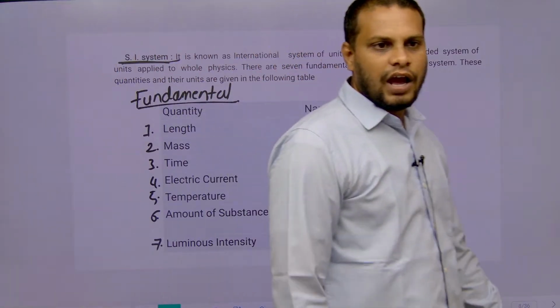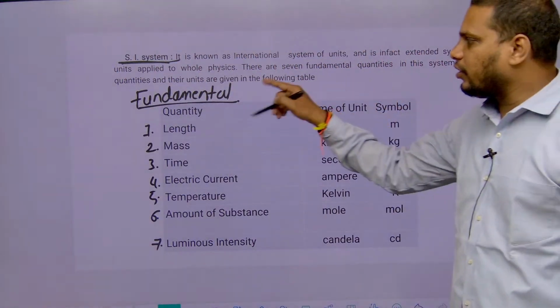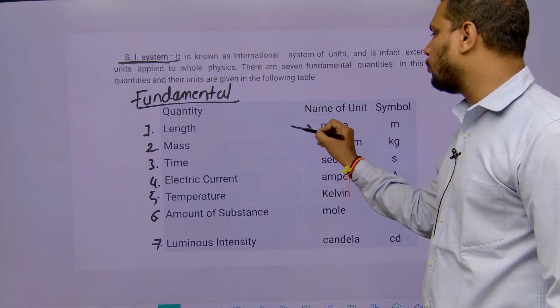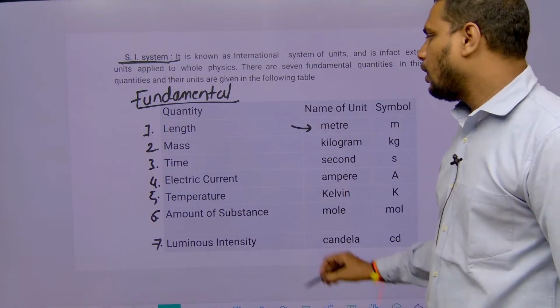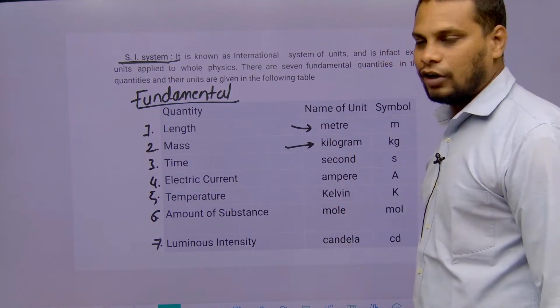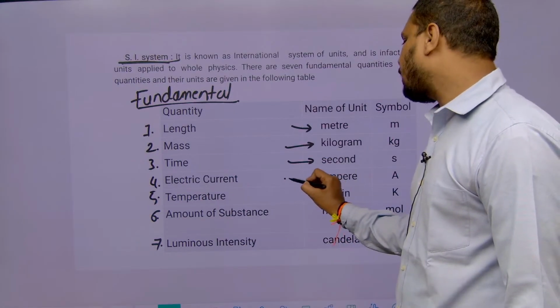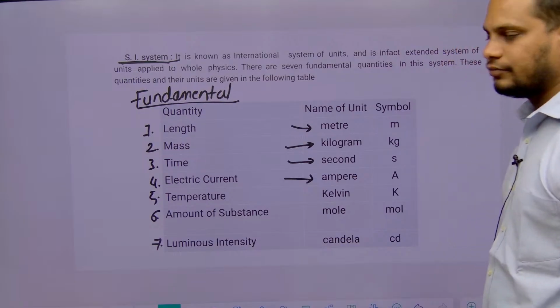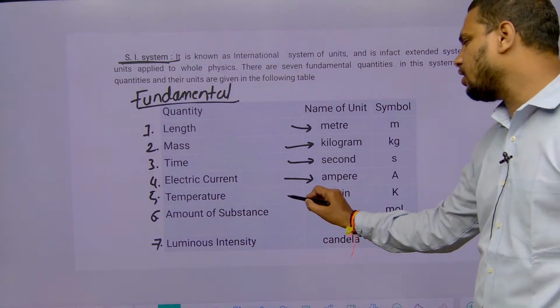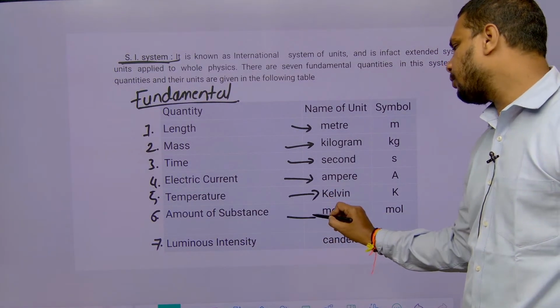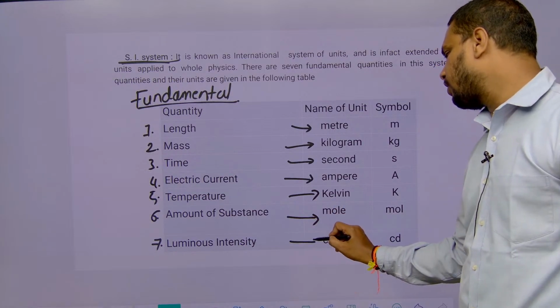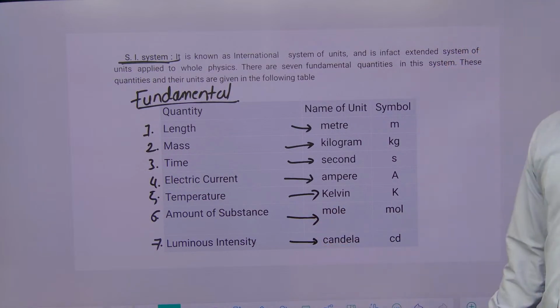Are you clear? And according to the SI system of units, length should always be measured in meters. Mass should be measured in kilograms. Time should be measured in seconds. Electric current should be measured in ampere. Temperature is measured in Kelvin. Amount of substance in mole, and luminous intensity in candela. Are you clear?